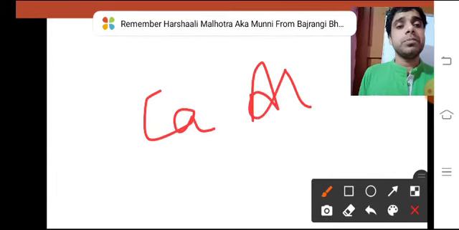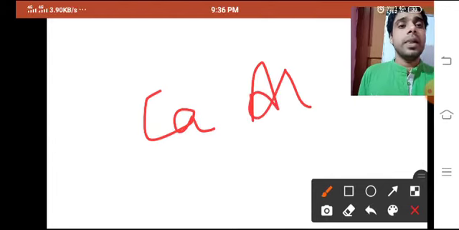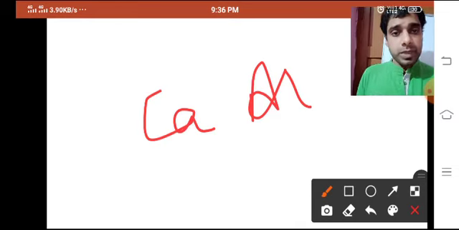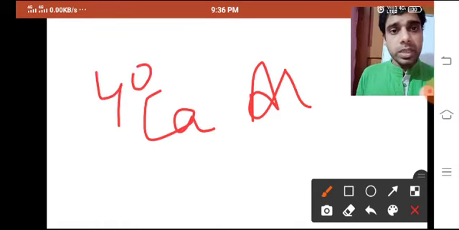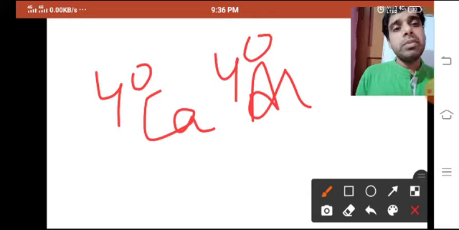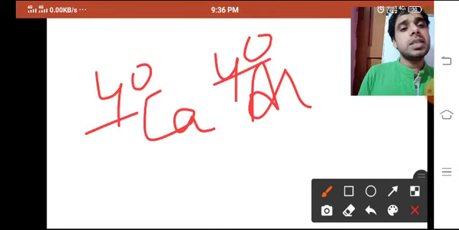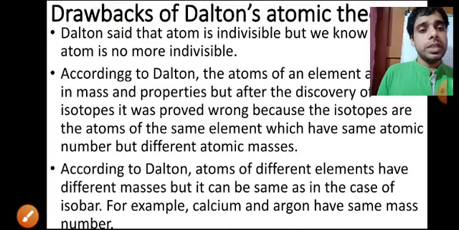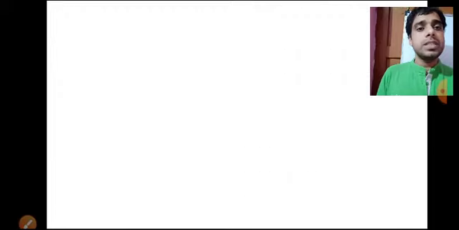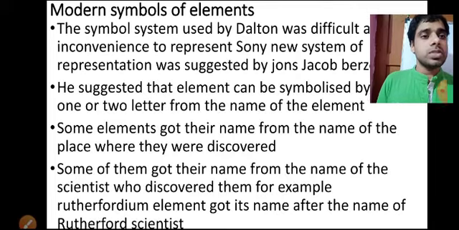Calcium has 40 atomic mass, and argon also has 40 atomic mass. So his assumption was wrong. That is one of the things you have understood.